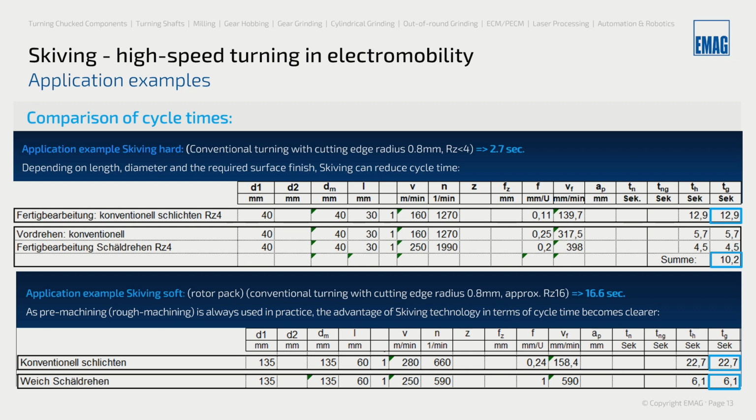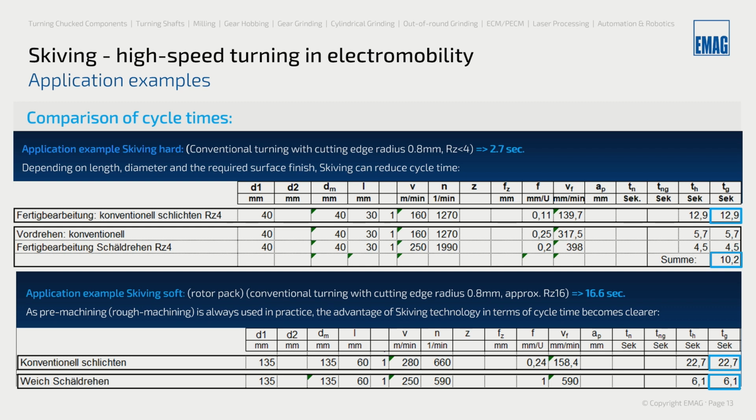And after it, you see pre-turning with a conventional insert, same speed, but higher feed weight, because we don't have to look for the surface in this moment. This needs 5.7 seconds and additional 4.5 seconds for the skiving process with a speed of 250 meters and a feed weight of 0.2.